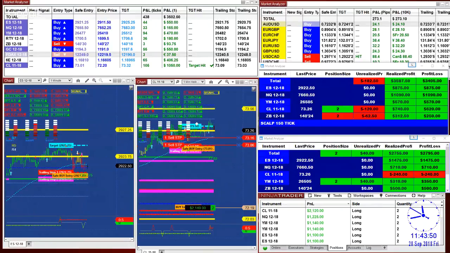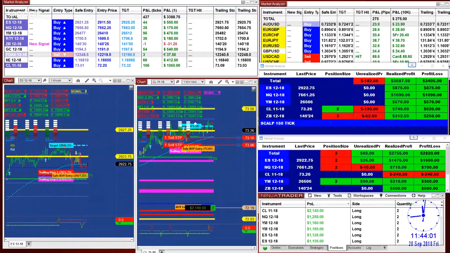No big deal. We are 437 ticks into the profit, and this is based on the last entry signal. Let me see. We're gonna hang around.